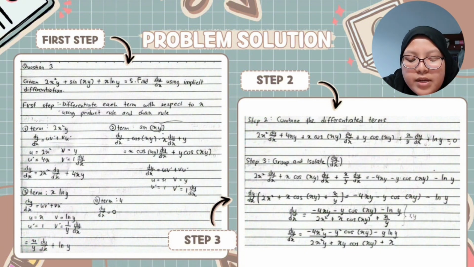For the third term, x ln y, we differentiate using the product rule, and we got x over y dy/dx plus ln y. For the last term, 5, the derivative becomes 0.